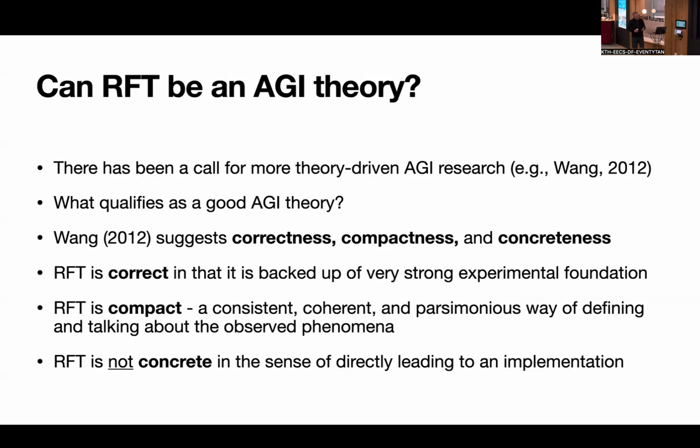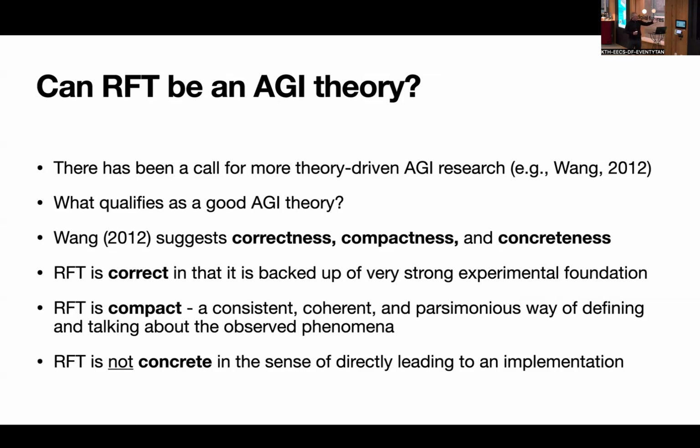So before answering that, what qualifies as a good AGI theory? What requirements do we put on a theory of AGI? So here is one suggestion from AGI researcher Pei Wang. He suggests that the theory of AGI needs to be correct, compact, and concrete.